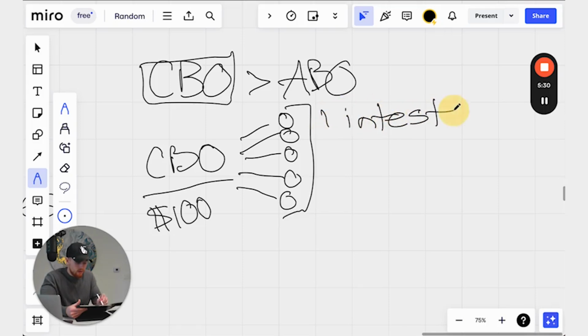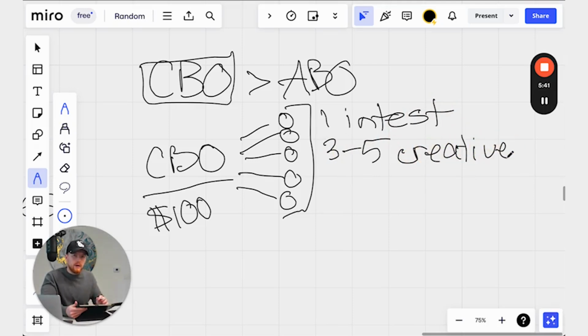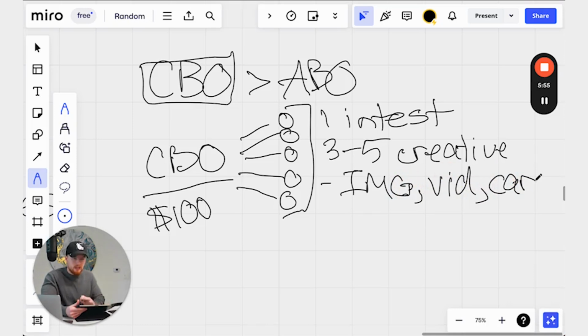You're also going to have multiple creatives. So typically 3 to 5 creatives is what I like to put in. And really important, it's not as important in the beginning, but separating your creatives by creative type. So segmenting them by either images, videos, or if you're running carousels, separating those too, because every creative type has a different share of the auction.